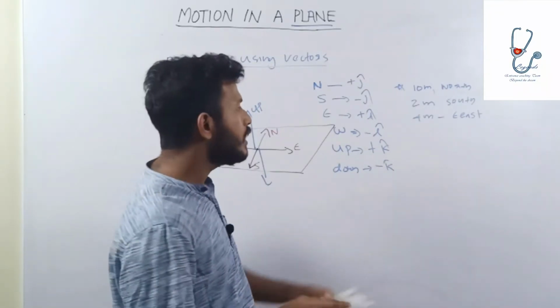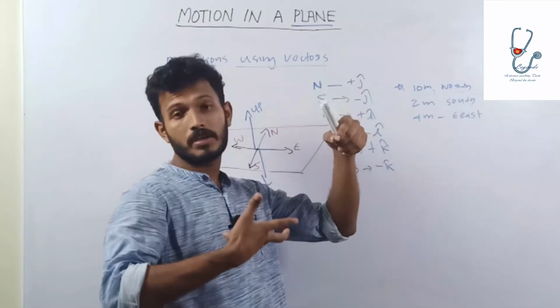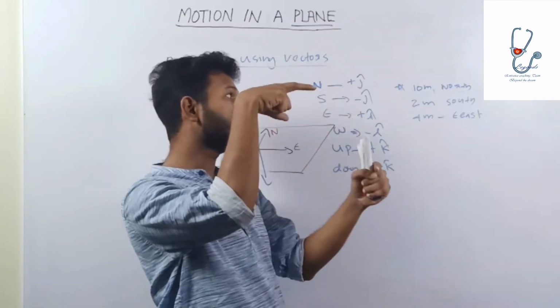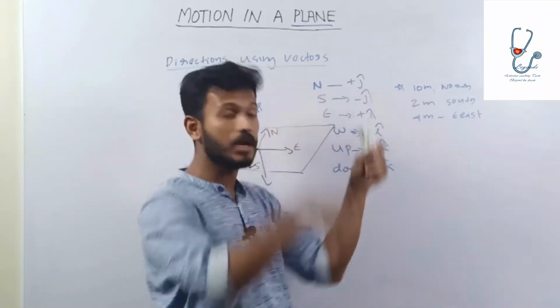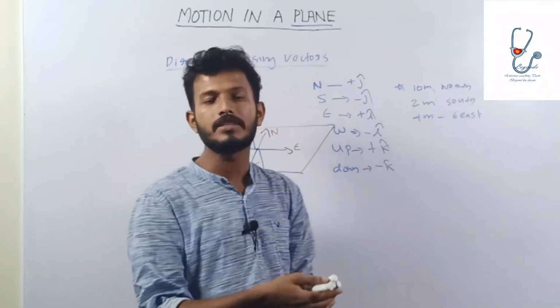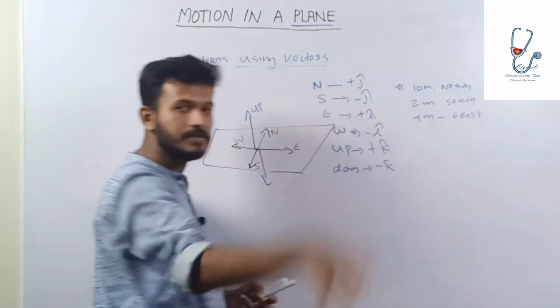While calculating this, we form a 3-dimensional picture in our mind: a man is in the north, then he moves 2 meters south, then he moves 4 meters east. It's very difficult. But by using vectors, we can solve this question very simply.